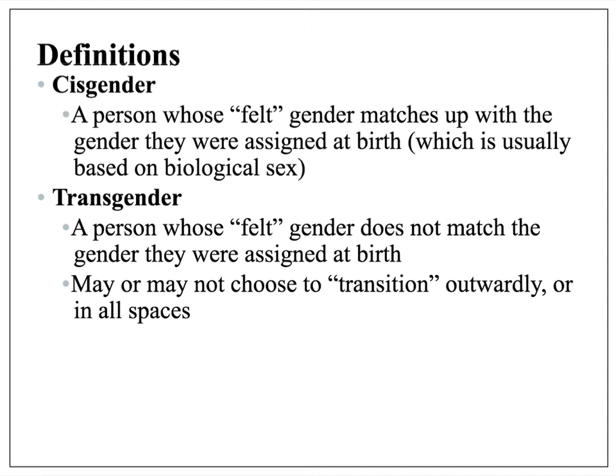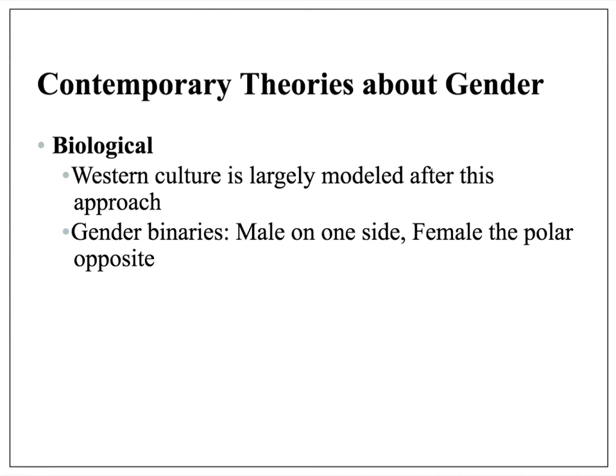Some people who are transgender choose to have sexual affirmation surgery, in which they may have their genitals altered to match their true gender feelings, and some may not. It's an individual choice, and in some cases, these choices are not allowed by laws, or they're very stigmatized.